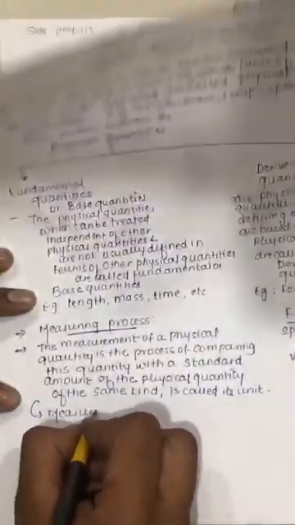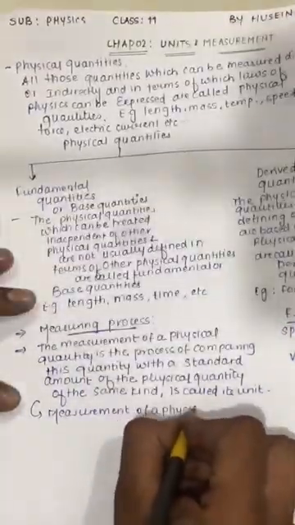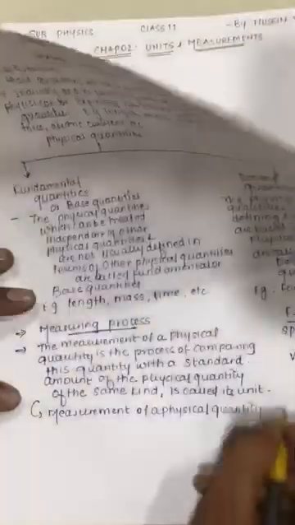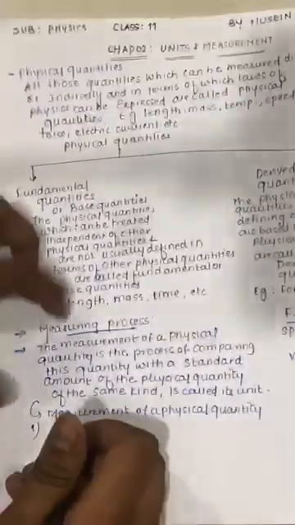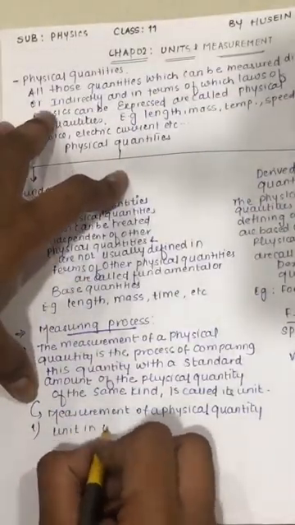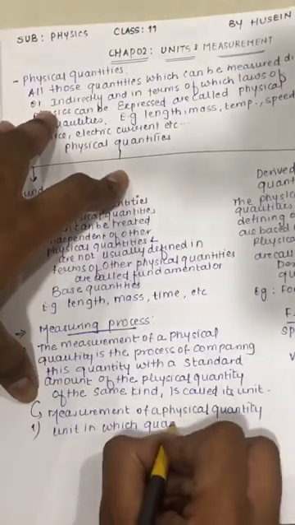Now to express the measurement of a physical quantity, two things you need to keep in mind. The very first thing is the unit in which the quantity is measured.